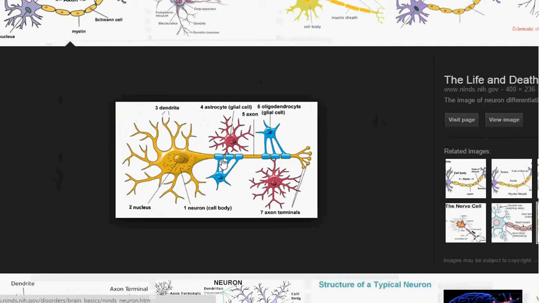They're going to be insulating neurons in the central nervous system, and Schwann cells will be doing the same type of thing to neurons in the peripheral nervous system. Other than, you can see here that this glial cell can also insulate other neurons, whereas in the peripheral nervous system this isn't the case. So we will talk more about that in the future.